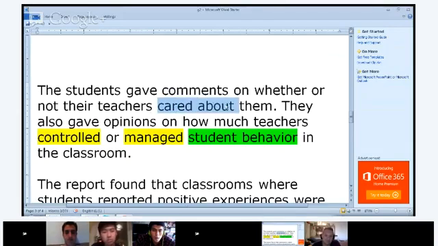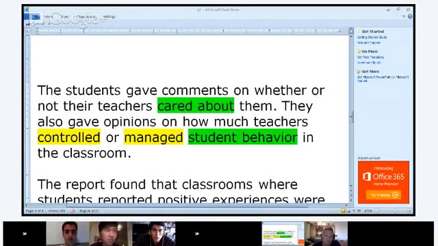Maybe did their teachers give them more, I don't know, knowledge or something? Sorry, no, thank you so much. But that's not really about caring about the students. What does it mean to care about someone? To look for, or no, look out for. Well, to look after, maybe, but not really in this context.